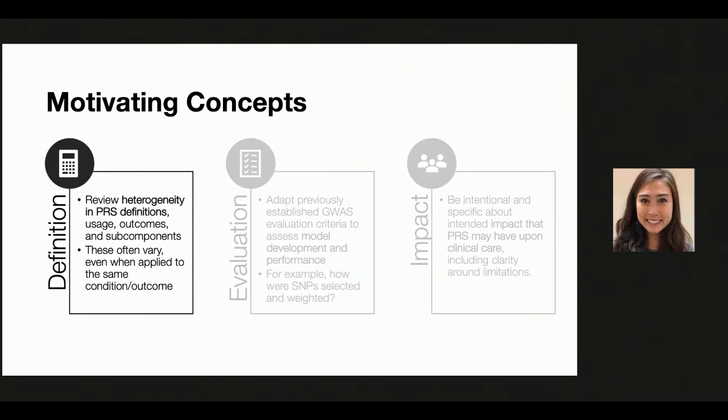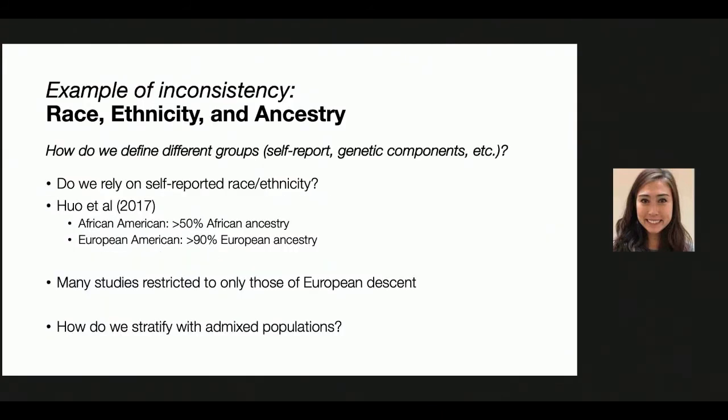Okay, so moving on. I just want to now provide examples of each. So, a definition. One thing that is very much of interest for genomic medicine at large is that we observed a lot of variability in race, ethnicity, and ancestry reporting. These were often conflated, and people variably use these terms with different backings.